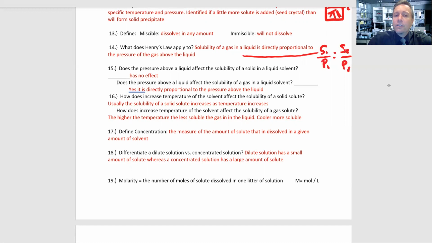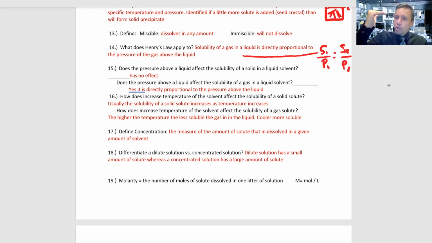Does the pressure above a liquid affect the solubility of a gas in a liquid? Yes, it is directly proportional. So the higher the pressure above the liquid, the more gas will dissolve in that liquid. Think about a soda bottle.